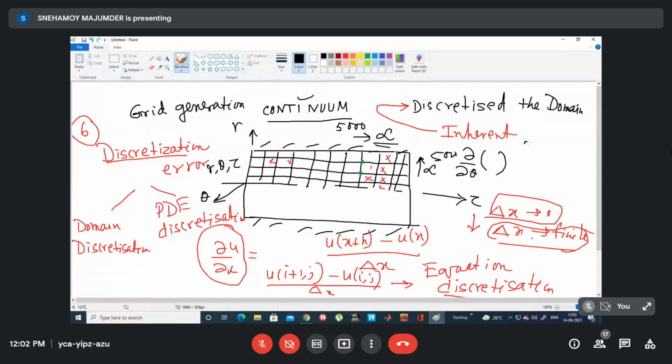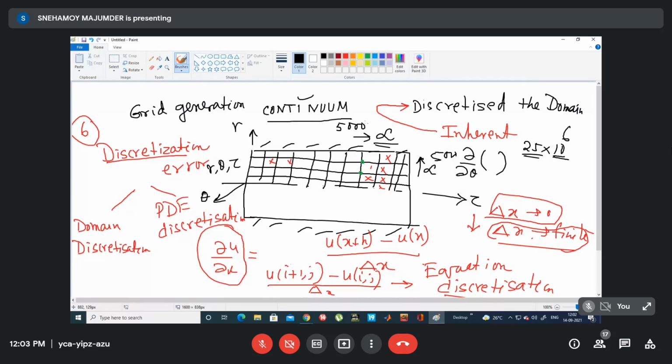So total number of points is 25 into 10 to the power 6, which means 25 million points. Right? 10 lakh. So 25 million points. No computer has been born or made till today that can work with 25 million points. So what happens? You cannot do it.